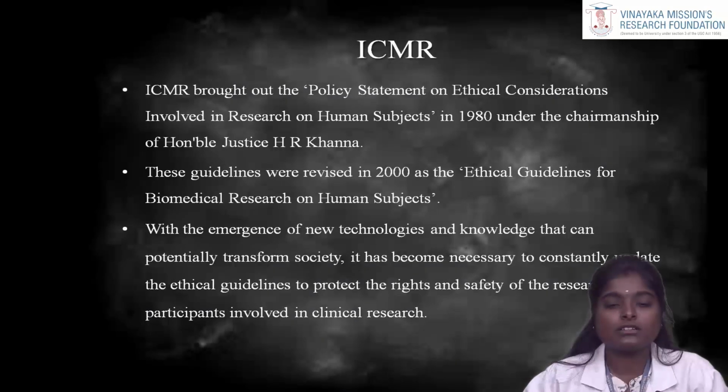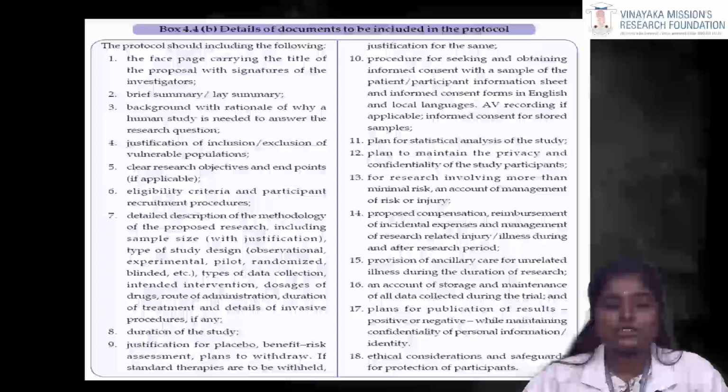So ICMR is the Indian Council of Medical Research. They brought out the policy statement on ethical consideration involved in the research on human subjects in 1980, and these guidelines were revised in 2000 as ethical guidelines for biomedical research on human subjects, and the protocol should include all the following.